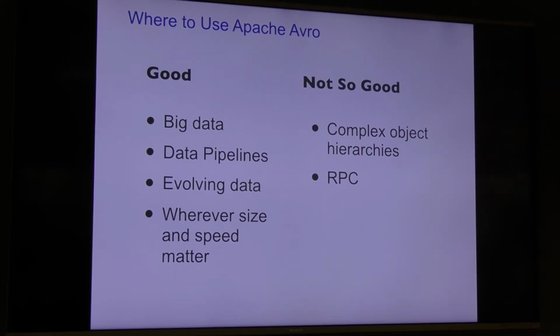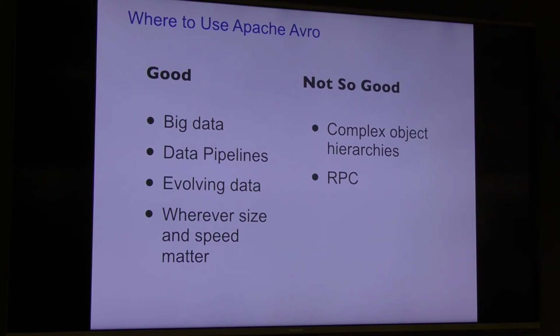Where to use Apache Avro? Definitely in big data. I've mentioned Spark, Hadoop, Kafka, data pipelines. When you're using Kafka, anytime you've got data that evolves over time, where you're not necessarily in control of all the consumers of that data, and you're evolving that schema, you want to make sure that people are still able to read it.